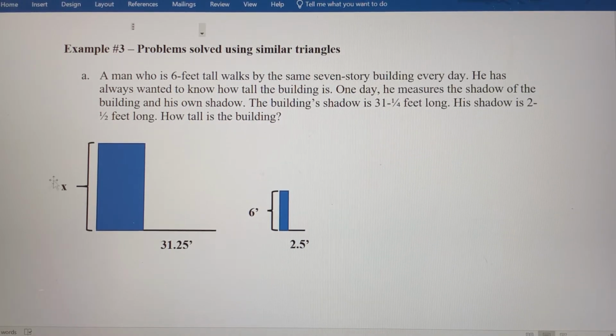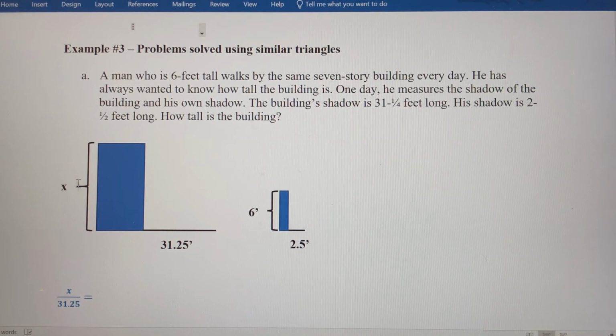So we can set up a ratio and proportion relating either the height of each object to each other and the length of the shadow to each other. There are a lot of different ways you could set up the ratio and proportion, but what I've decided to do is compare the height of the object, the height of the building, to the shadow it creates. When I'm setting up the next ratio, I have to be consistent with that.